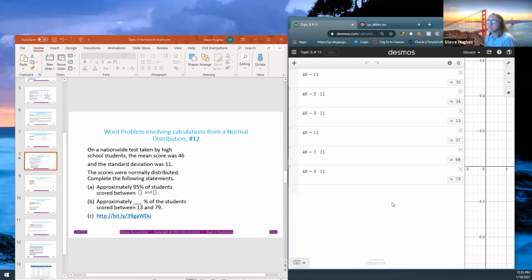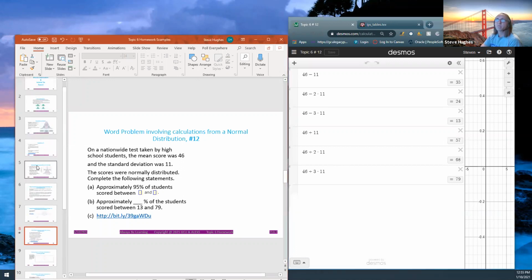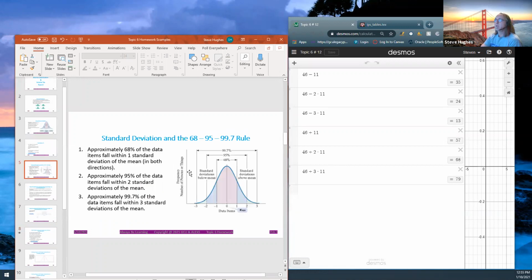Now remember with me, on our previous chart, 95% of the data, let's go back and look, okay? Let's just scroll back up here. It won't take but a sec. All right, 95% of the data here to here is plus or minus 2 standard deviations, okay?